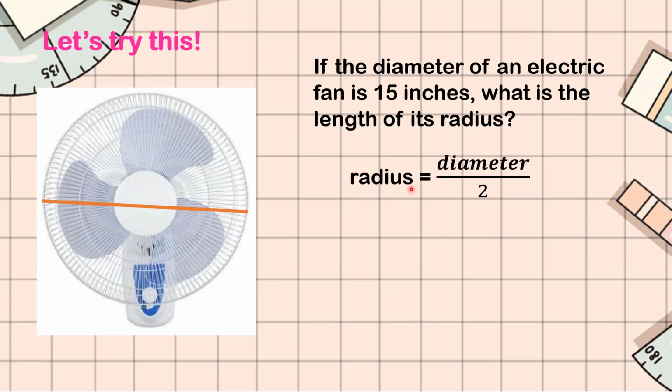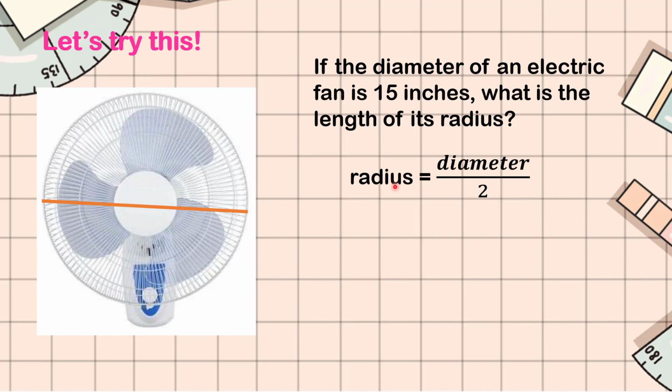Always remember that a radius is equal to diameter divided by 2, or radius is half of the diameter.